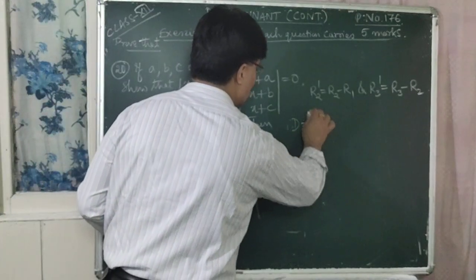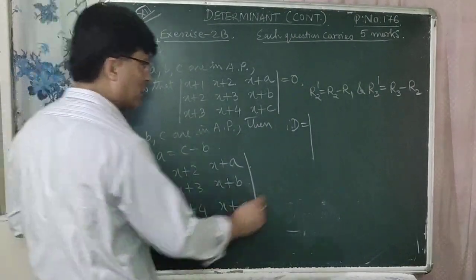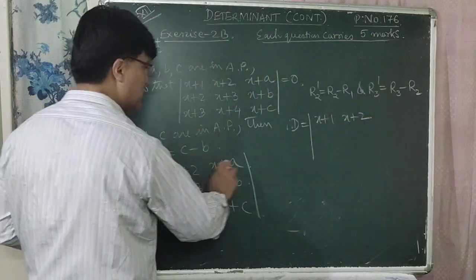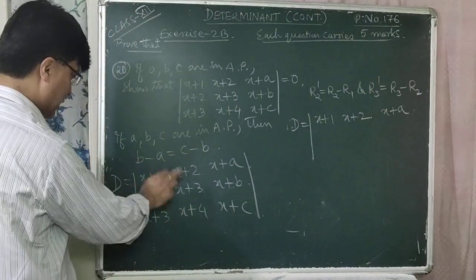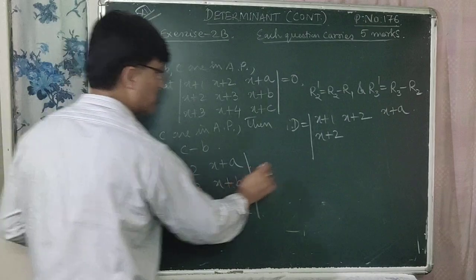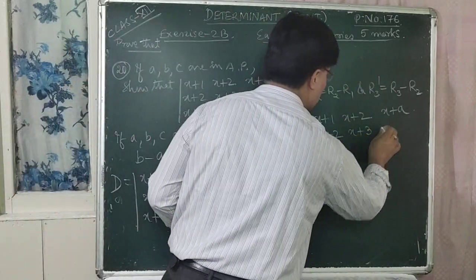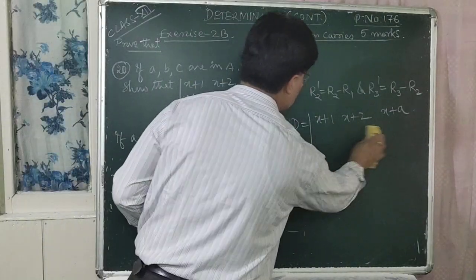So D is equal to, now let us write the first row. First row remains the same: X plus 1, X plus 2, X plus A. Next, the new second row is R2 minus R1.